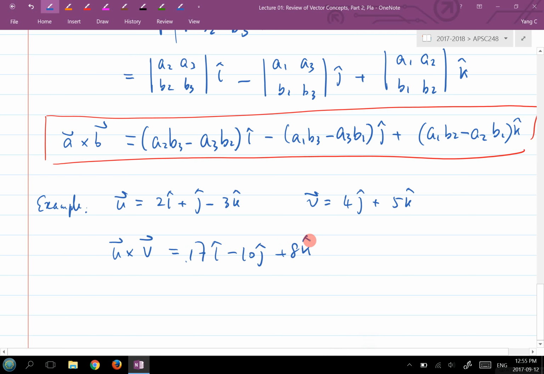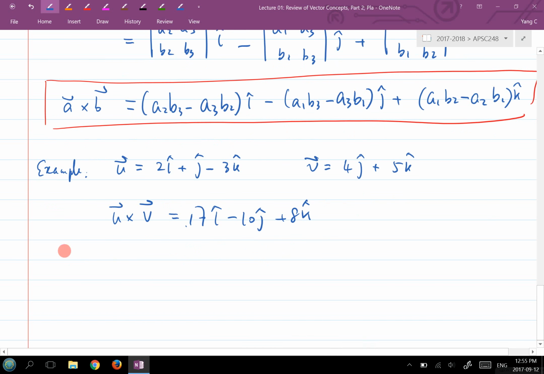Also in my lecture notes, I have a few properties for the cross product. Take a look at these properties yourself. We don't necessarily use all the properties all the time, but they might come in handy for your other purposes. There's also a MATLAB command or Maple command here in the lecture notes, so feel free to check it out.